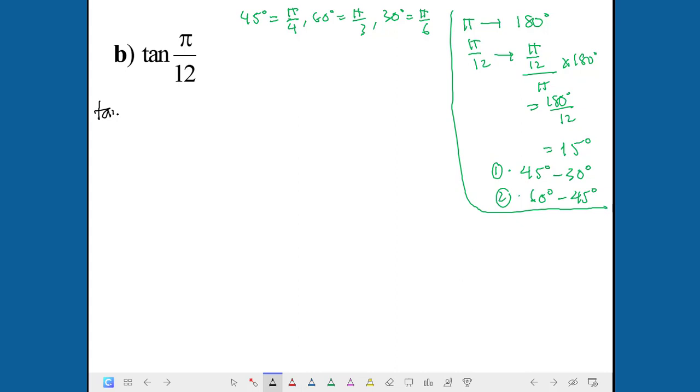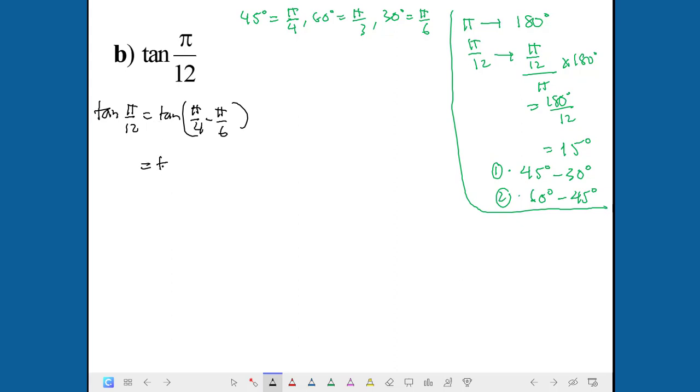Tangent 15 is equal to tangent of 45 minus 30, pi over 4 minus pi over 6, to get tangent 15.